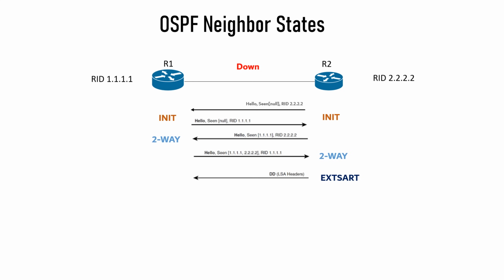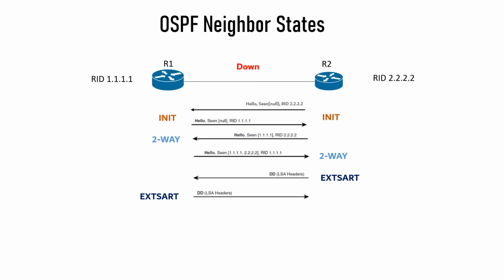Once it prepares for the election and decides who will become the master, it moves to the exchange state. According to the router IDs we have, the highest router ID is R2's, and it will become the master.